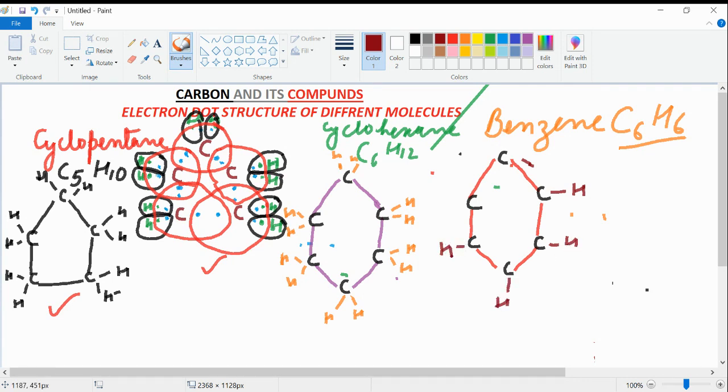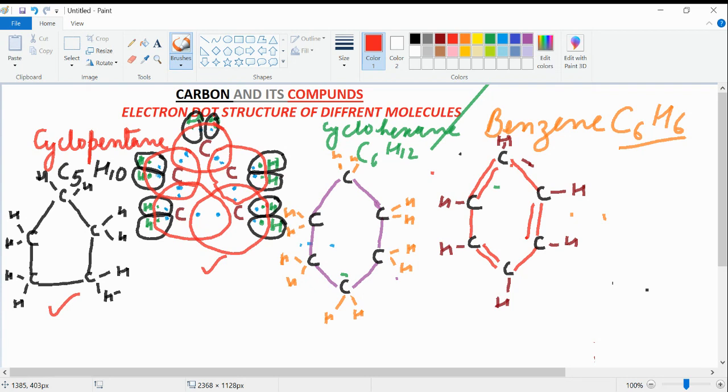Now you can see that valency is not satisfied here. As I told you, each carbon is bonded with 4 other atoms. Now we can see each carbon is surrounded by 3 bonds. 1, 2, 3. Then where is the 4th bond? So we will draw the 4th bond like this.